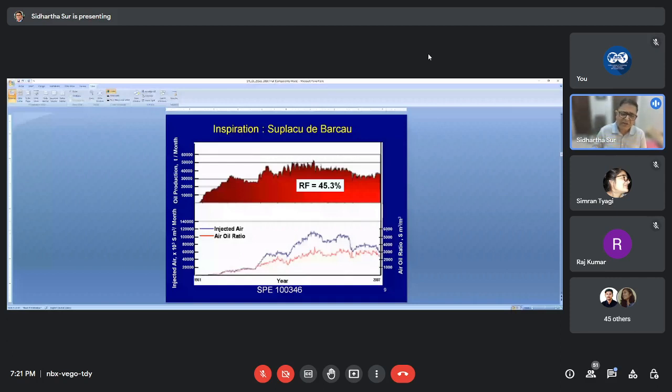But this field is very shallow, around 200 meters, very cold reservoirs, 25 degrees centigrade, and very viscous oil. But combustion is going on for the last 6 years, and they're pretty successful in this. You can read paper 100346 for better understanding of what is going on in Suplacu de Barkau in Romania. It had been a great motivator.